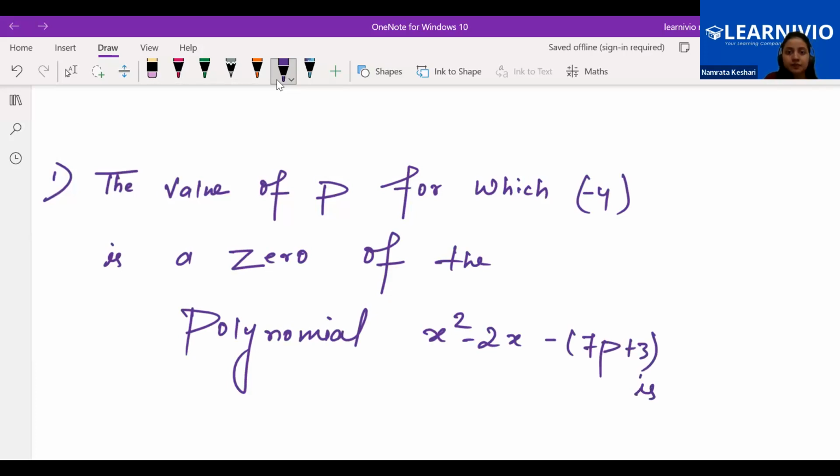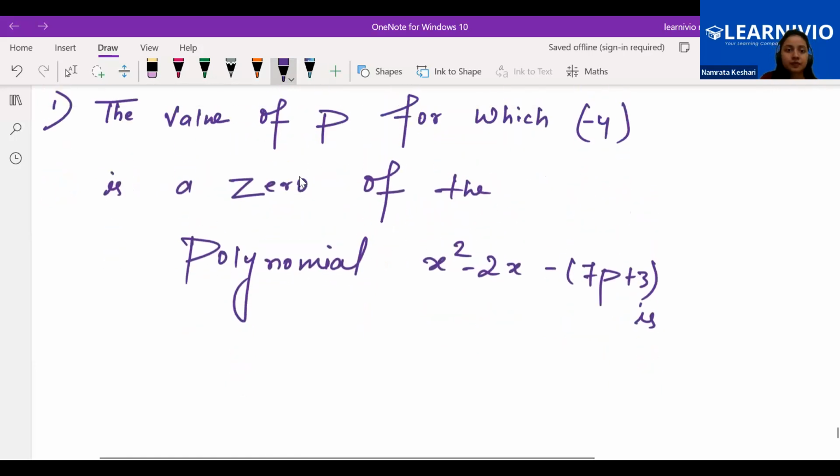It is an MCQ question. Options are A 3, B -3, C 1 and D -1.